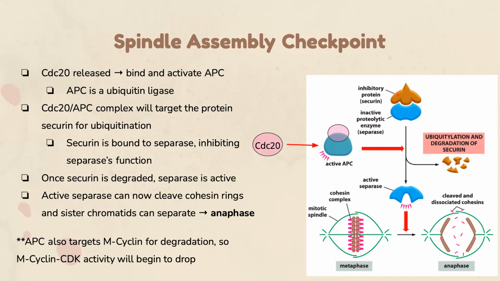If securin's out of the picture, separase is free to do whatever it wants on its own. It has a conformational shift and then cuts the cohesin rings. Now that the cohesin rings aren't binding the sister chromatids together, anaphase can happen because there's nothing keeping them together.